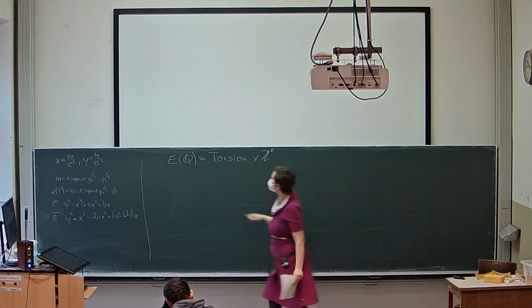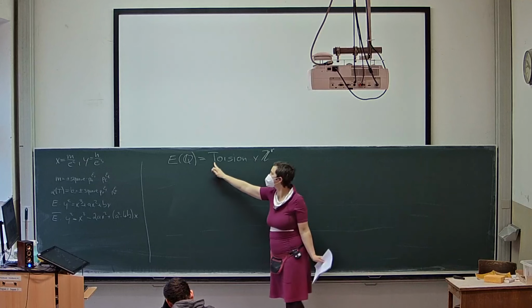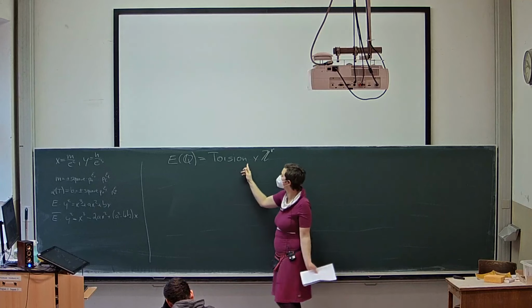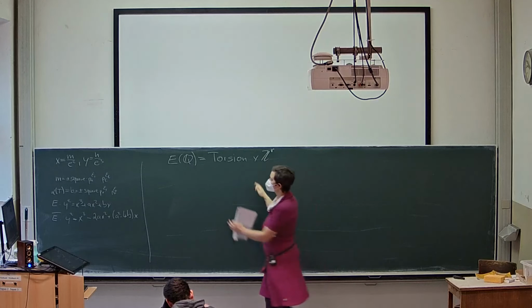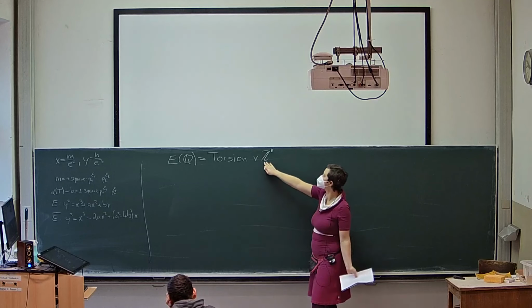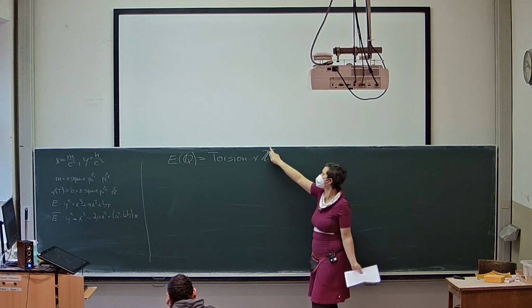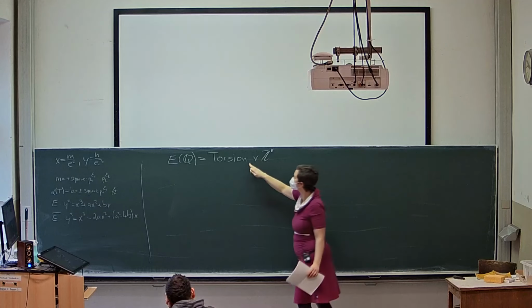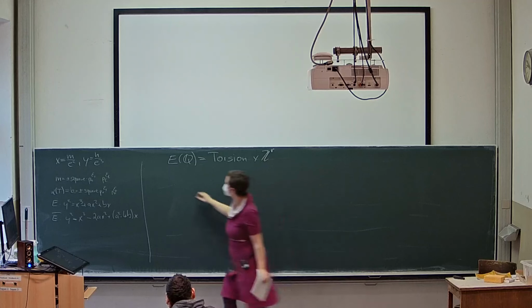And we have the Lutz-Nagell theorem that gives us an algorithm to compute the torsion points completely explicitly. So the missing link is only this Z to the r. We call r the rank of the elliptic curve.